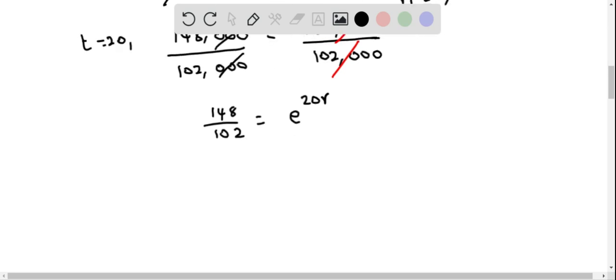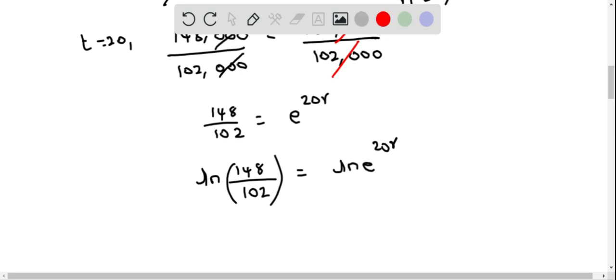Now we apply natural logarithm to both sides so that we can determine the value of r. So when we do that, I get natural logarithm of 148 over 102, and this equals natural logarithm of e raised to the power of 20r.